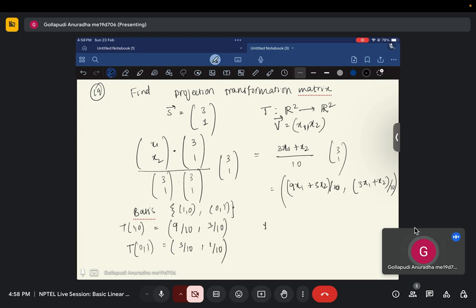And if you are taking the linear combination, you will be getting the first column.